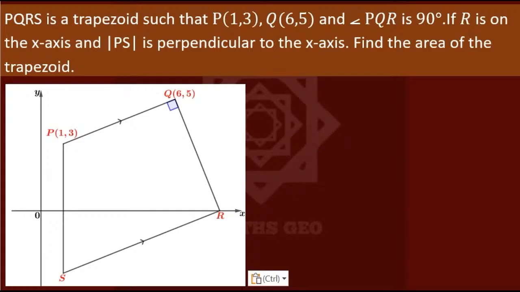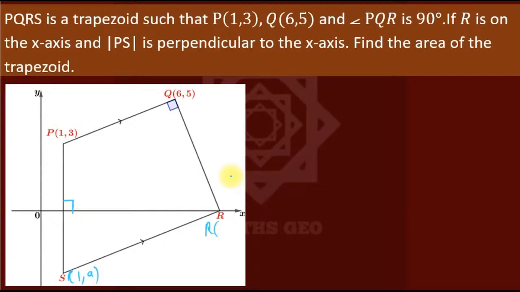They said PS is perpendicular to the x-axis, making the x coordinate of S the same as P. So this should be 1. Maybe let's call the y coordinate, which we don't know, f. For R, we know the y coordinate but we don't know the x.